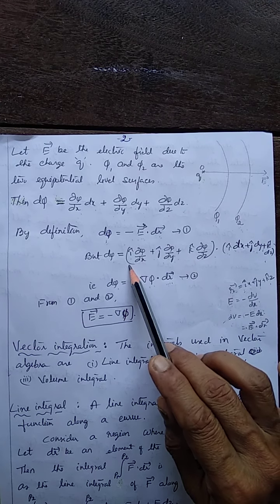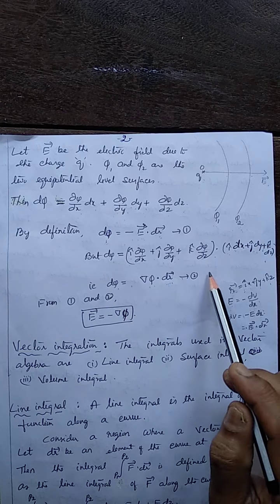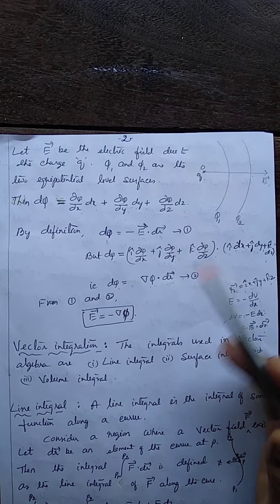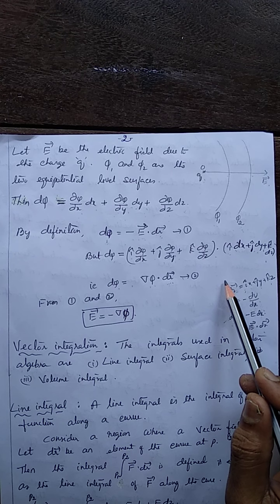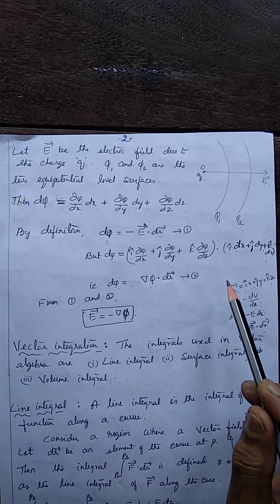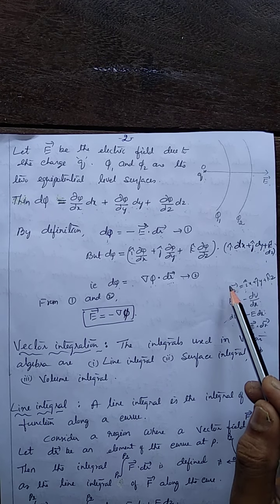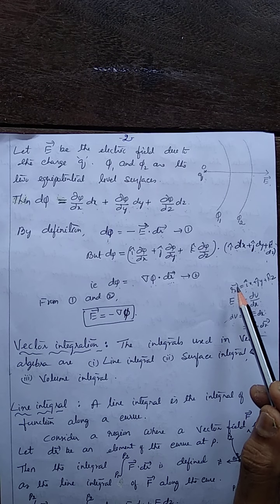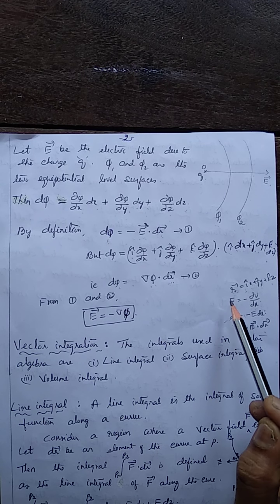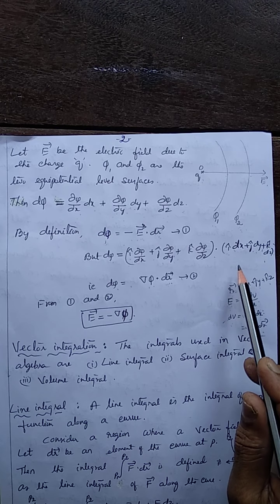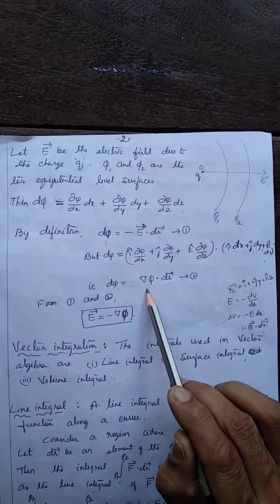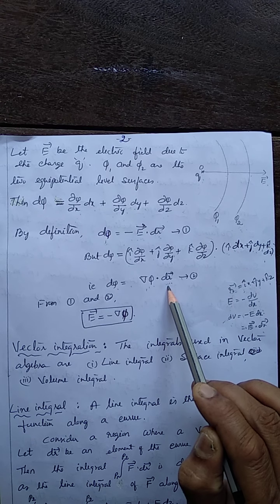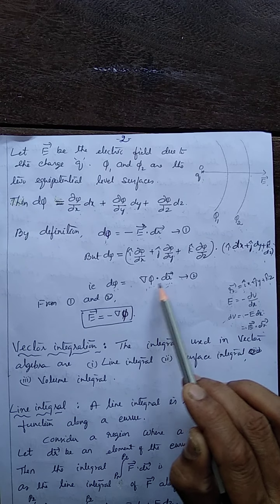The other terms, i dot j, i dot k, j dot i, j dot k, all those vanish. i dot i equals j dot j equals k dot k, they have cos theta with theta 0, so cos 0 is 1. You have studied these things in your first BSc class. So this one is del phi, this one is the dr vector, so d phi is del phi dot dr vector.